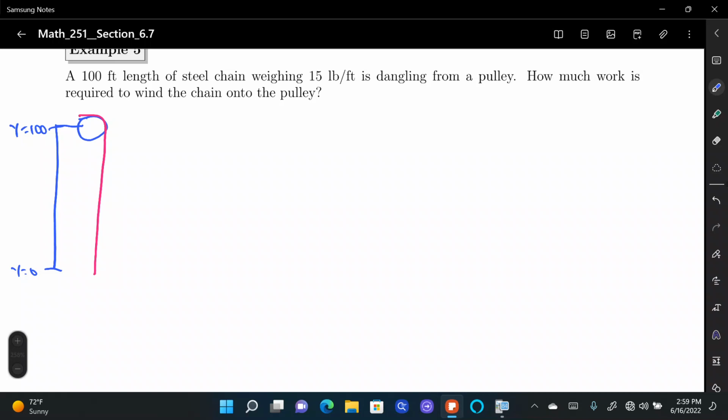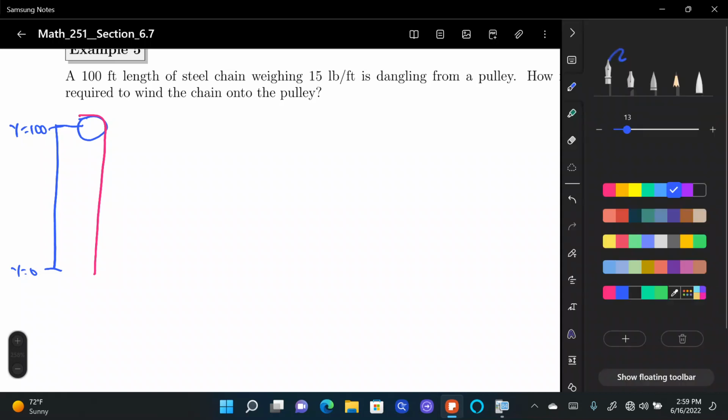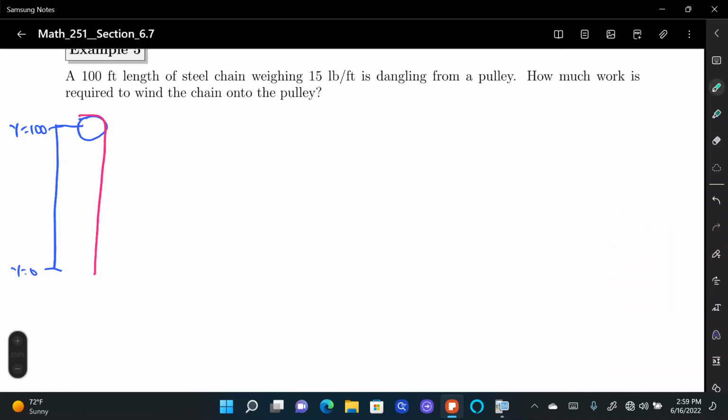So let's do the following. Let's see what happens when the chain is at a height y, whatever that is. Let me take this finite element. Let me call this delta y.